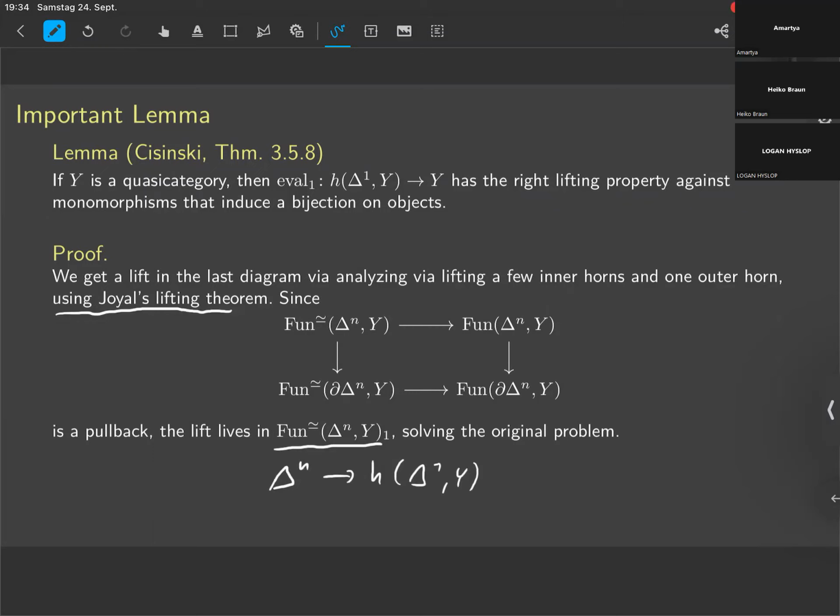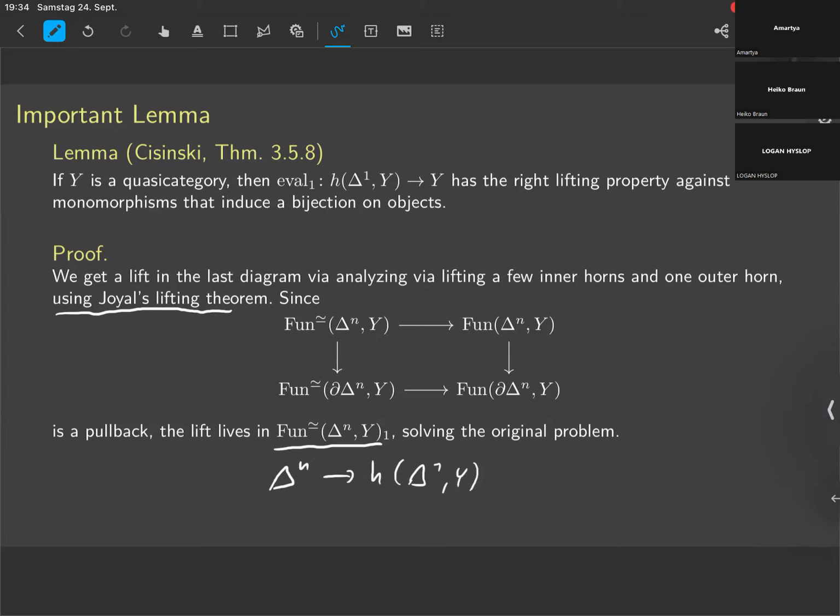This delta 1 is the one simplices here, and H delta 1 says that this delta 1 will be invertible, which means that now when we consider it as a map from delta n to y, then it is an object-wise invertible transformation. So if you consider it as a transformation between two functors from delta n to y, then it's an object-wise invertible transformation.